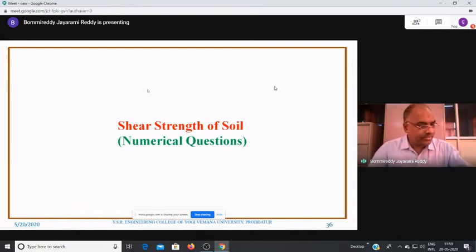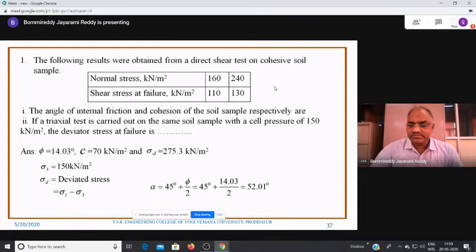So let us have a look at a few problems in the shear strength of soil. These are the general problems, not GATE. Only after discussing a few problems will we move to the GATE problems. The following results were obtained from a direct shear test on a cohesive soil sample.